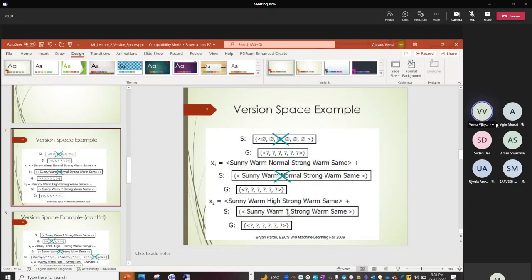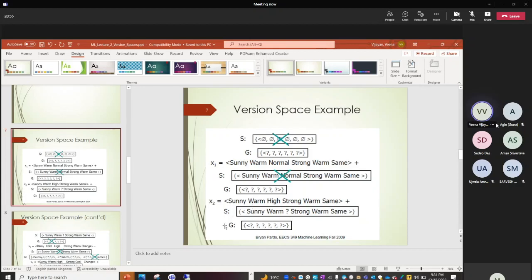The third one has two values now, either normal or high, so we are keeping any value here. The next three are strong, warm, same, and they remain the same. When we compare with the generic one, all the values are again any, so it matches exactly and we don't have to replace it.